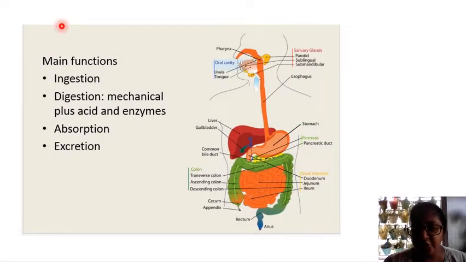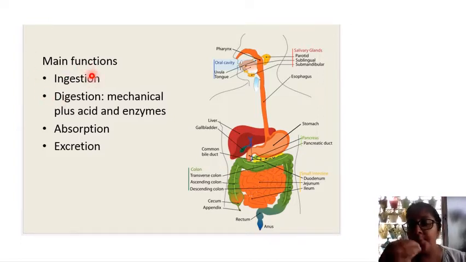The main functions include ingestion, digestion, absorption and excretion. Ingestion means we are putting something inside.